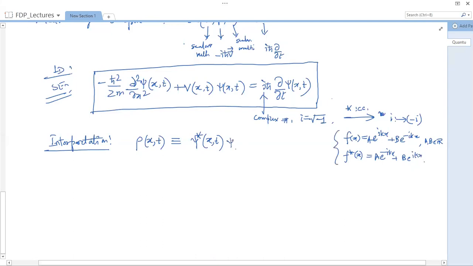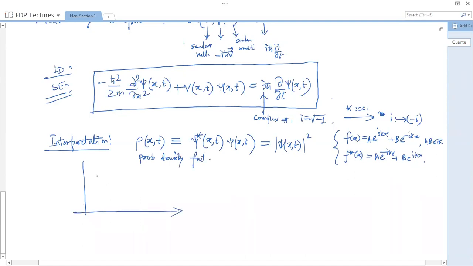Now, this is nothing but the modulus of psi of xt at each position and time, squared. And this is interpreted as the probability density. So this is the probability density function. And what is a probability density function?